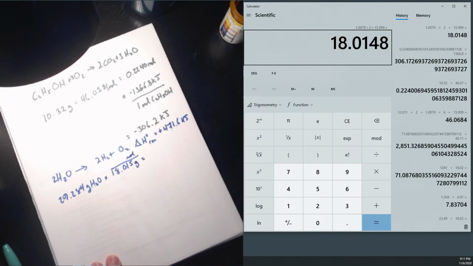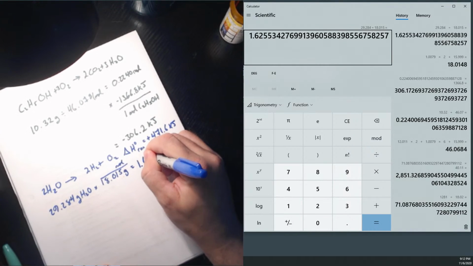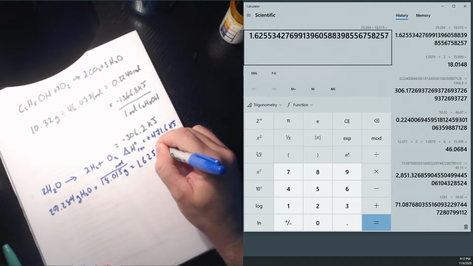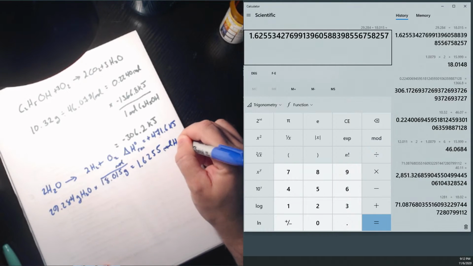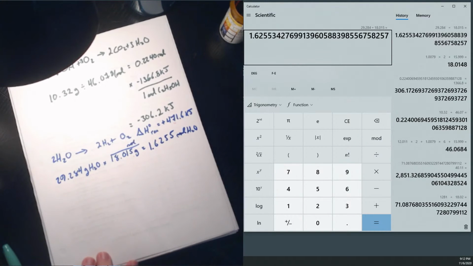We're dividing. All right, so 29.284 divided by 18.015 is 1.6255 moles of water.